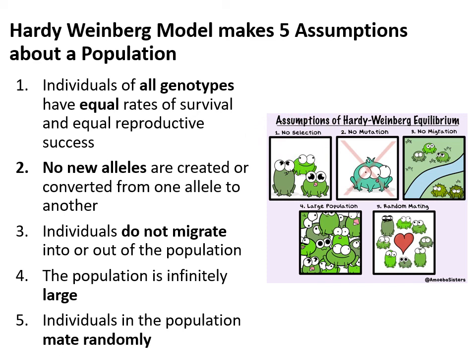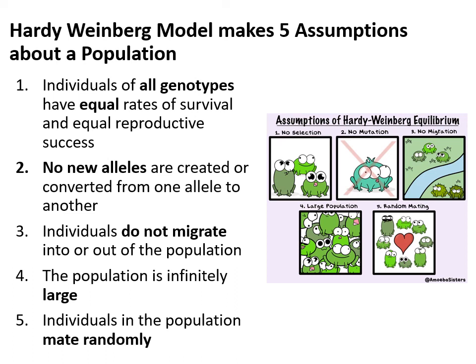So that means that, for instance, in the example that we showed earlier, one of those genotypes is very valuable, the one that makes you resistant to HIV. And so if there was selection going on, and people only wanted to mate with people who had that very valuable genotype, then of course you're going to see fluctuations in genotypes.